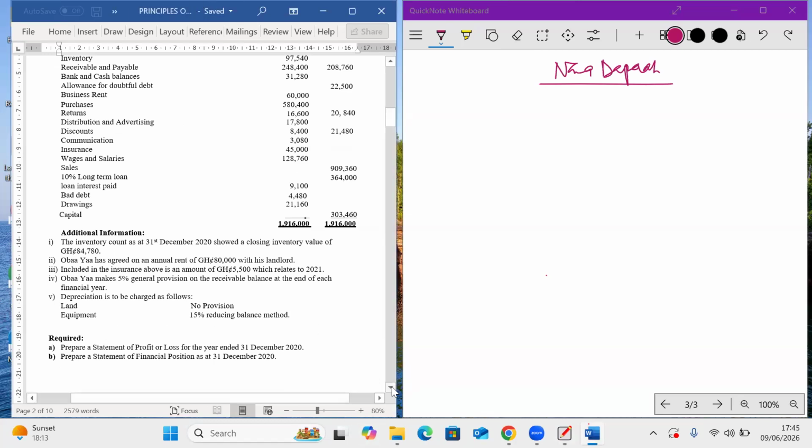What's the first requirement? Prepare a statement of profit or loss. So you write statement of profit or loss for the year ended 31st December 2020.